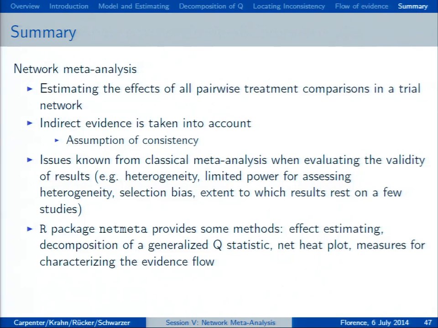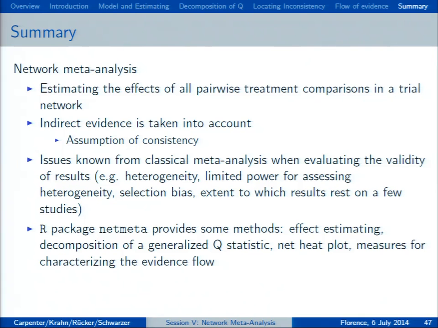Okay, we have seen that by network meta-analysis, estimating the effects of all pairwise treatment comparisons in a trial network is possible. This is feasible since indirect treatment comparisons are taken into account, and therefore we have the assumption of consistency in this network, which we have to analyze in addition. But issues known from classical meta-analysis also arise in this case.